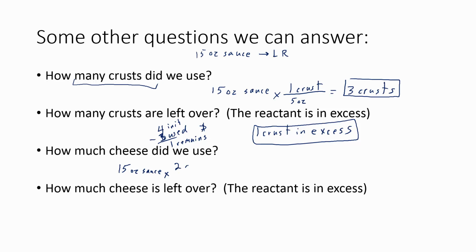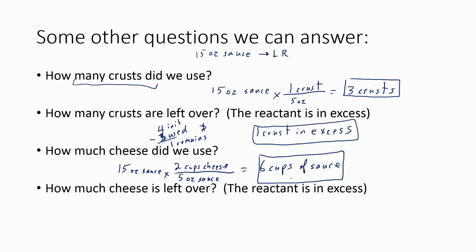So we have 2 cups cheese for every 5 ounces of sauce from the balanced equation. So 15 by 5, I used 6 cups of sauce. Excellent. That's how much sauce I used up before the reaction came to a grinding halt and stopped because we ran out of sauce.